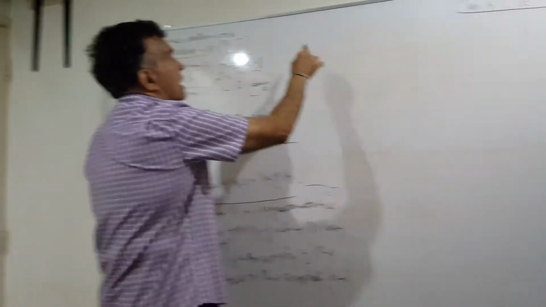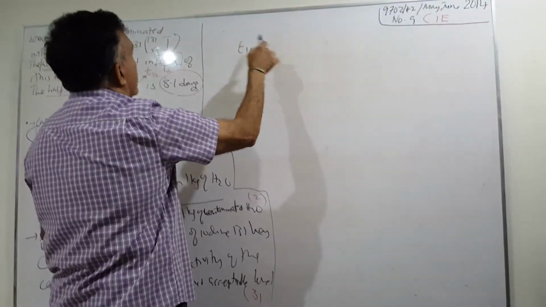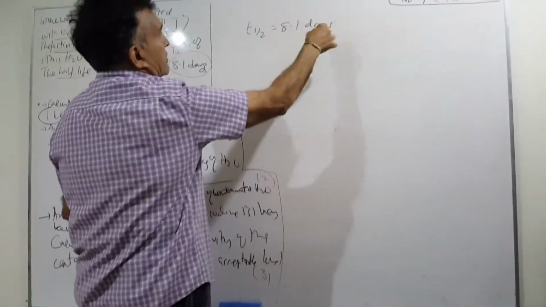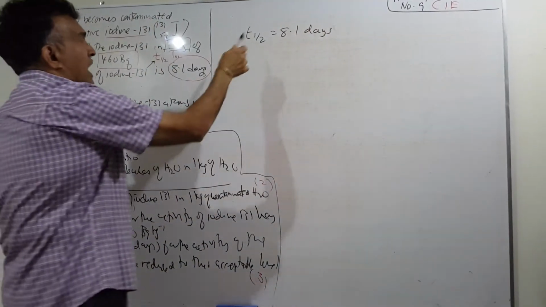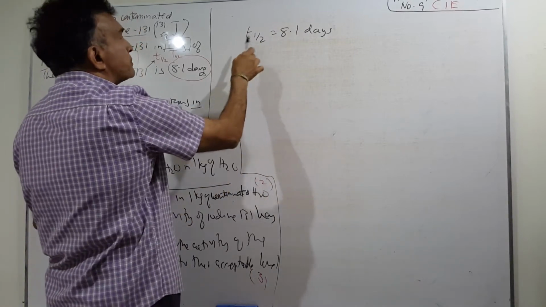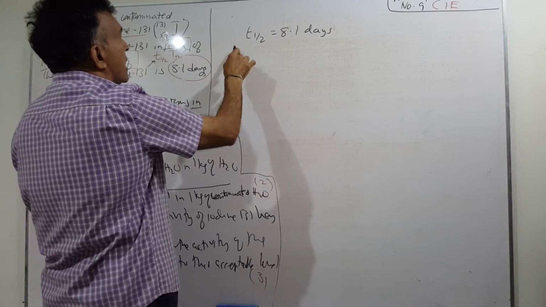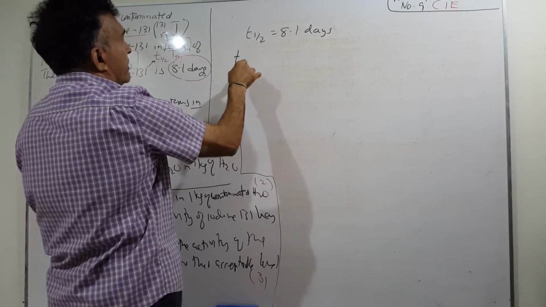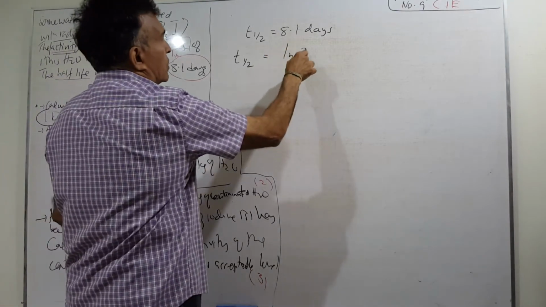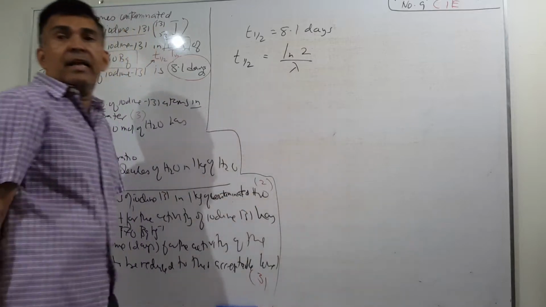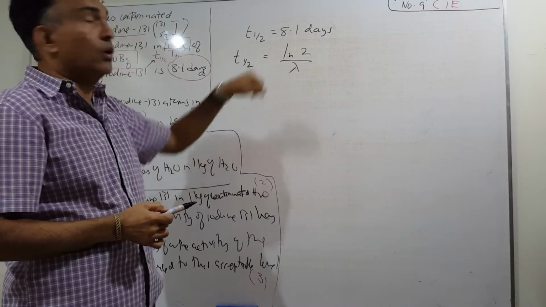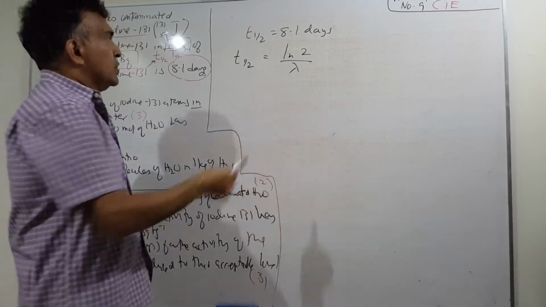First off, we are given our half-life, which is 8.1 days. By formula, half-life is ln 2 over lambda.